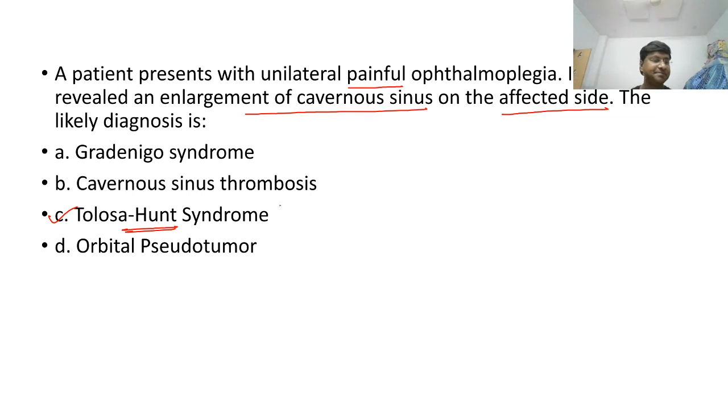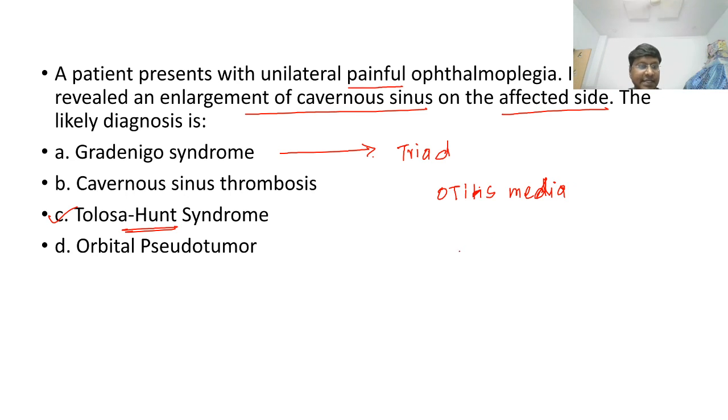Let me explain. First, coming to your Gradenigo's syndrome. What does Gradenigo's syndrome present with? It is characterized by a triad. Now, what is the triad in Gradenigo's? Number one, otitis media, right?